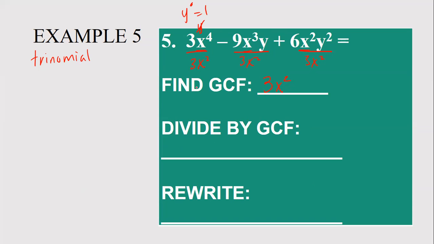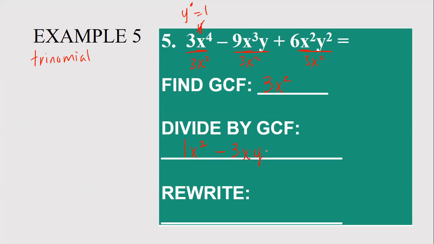What do I get as my quotient? 3 divided by 3 is 1. X to the 4th divided by x squared means 4 minus 2 is 2. Negative 9 divided by 3 is negative 3. x cubed divided by x squared is x.